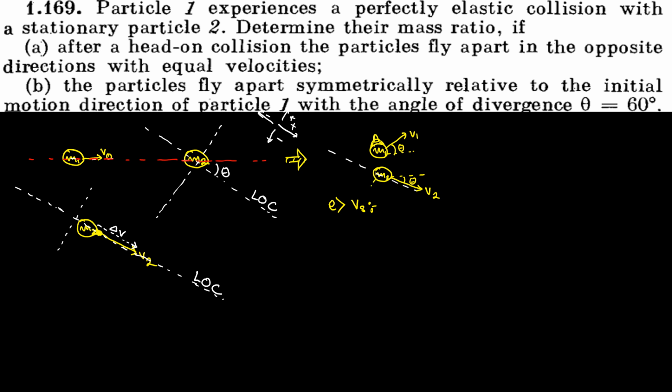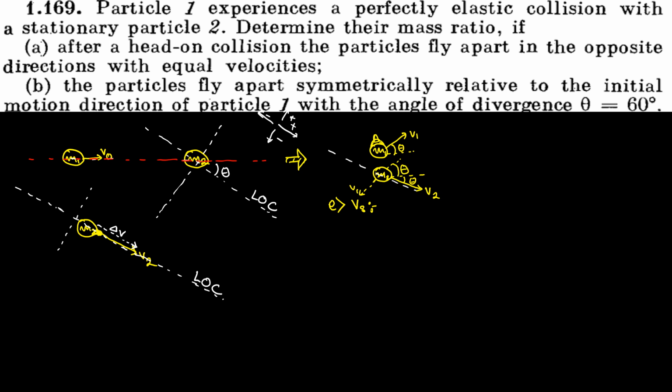It would be along this direction v1, isn't it? Now if I extend this angle backward, how much is this angle? This angle is nothing but theta. See, if I draw a line out here, this angle is theta, no?